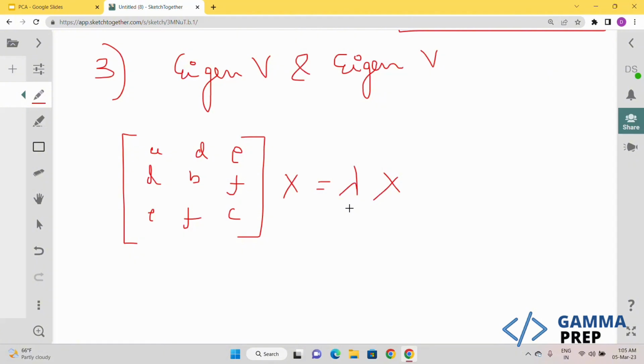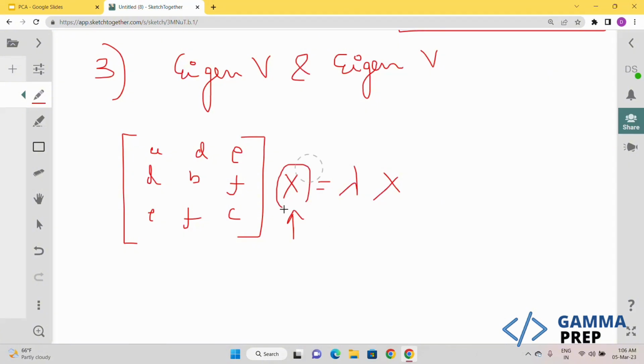Only the magnitude changes. Now, if you have a matrix which is 3 cross 3, how many eigenvectors will there be? There will be 3 eigenvectors. So if you have a square matrix of n cross n, the number of eigenvectors you're going to have is n. So basically you find the eigenvectors and the eigenvalues.